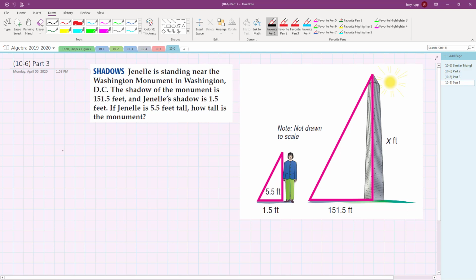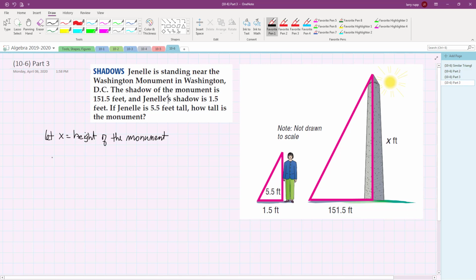Well, obviously, the monument is not drawn to scale. So these shadows and these triangles form similar triangles, okay? So we need to write a proportion that involves x. We're going to let x be the height of the monument.